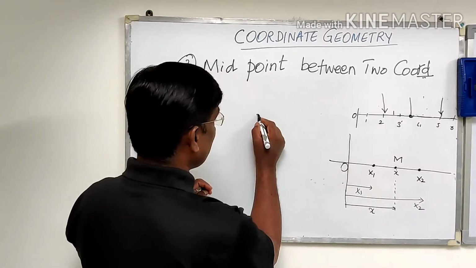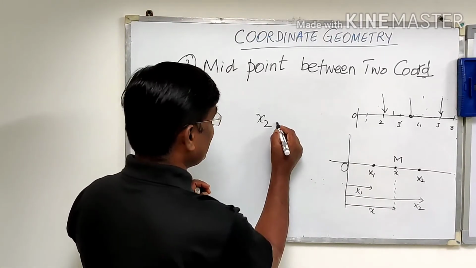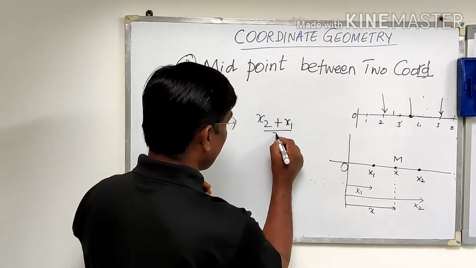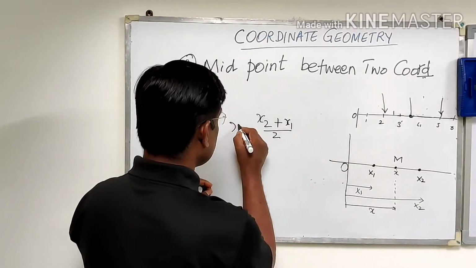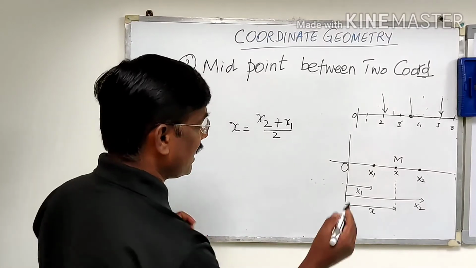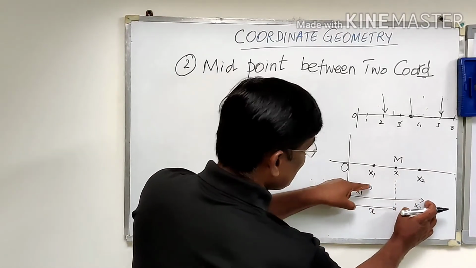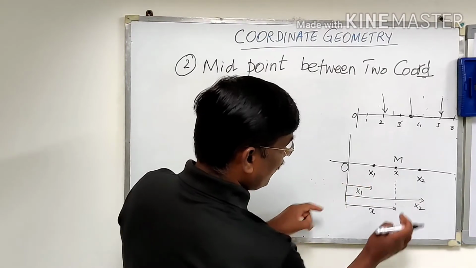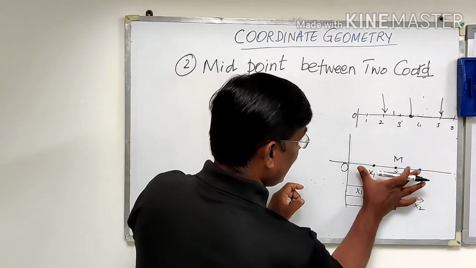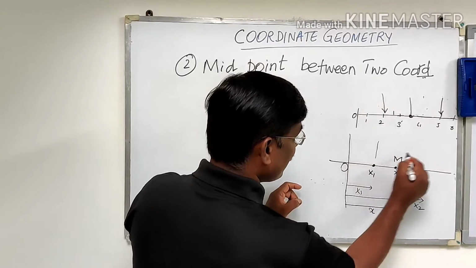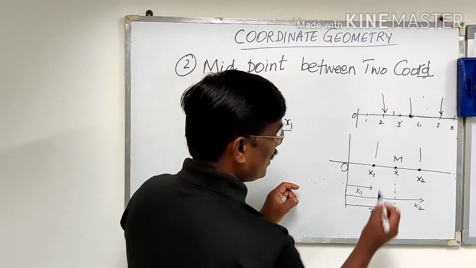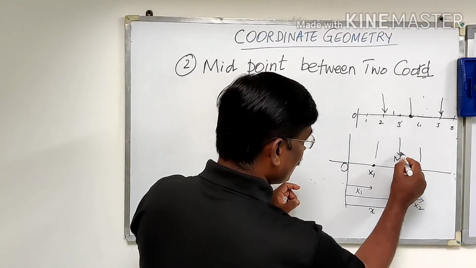The first way is finding the average: x2 plus x1 divided by 2. This gives x. The other way is to find x2 minus x1. What does x2 minus x1 give? It gives the length between these two points. Divide by 2.